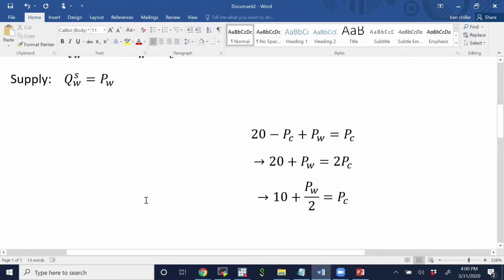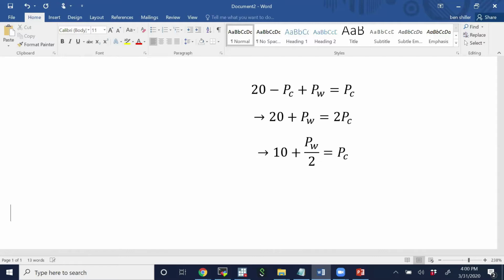Now notice, setting demand equal to supply did not give us a numerical answer for the price of corn. Rather, to get the price of corn in equilibrium, we're going to need to know the price of wheat. So let's do the same thing for wheat.